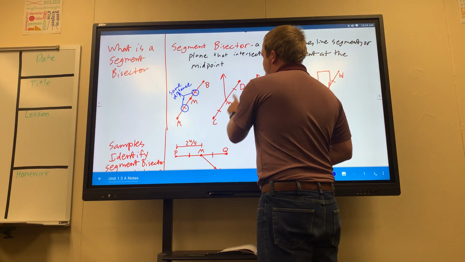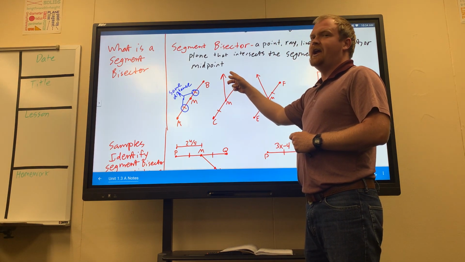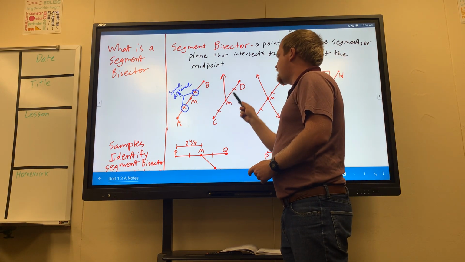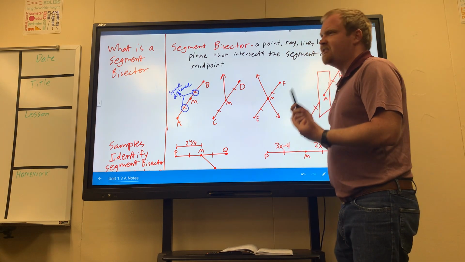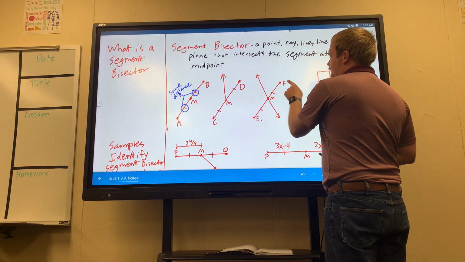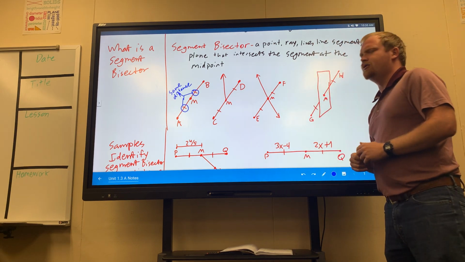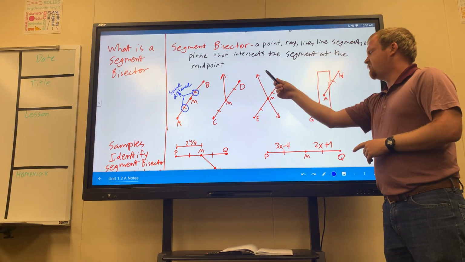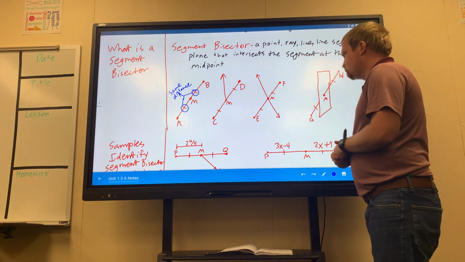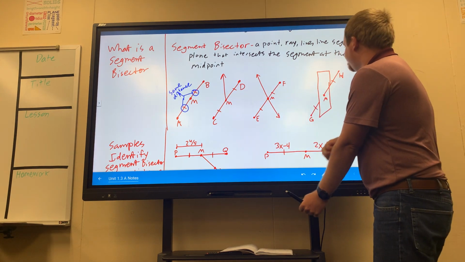Now if we look at segment CD, its segment bisector is actually a ray from point M. Notice the two dashes, same distance. We also have segment EF, and this time it has a line through point M telling us that the segment bisector for this is the line. And again, the two dashes tell us it's the same distance.